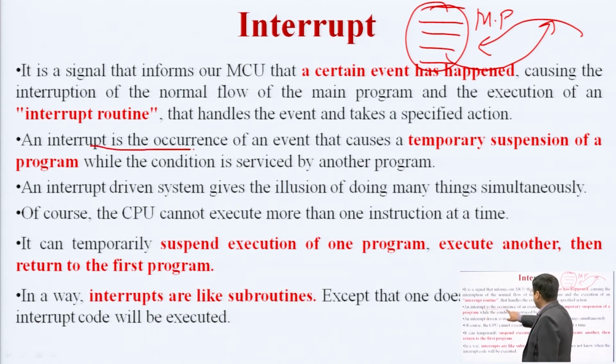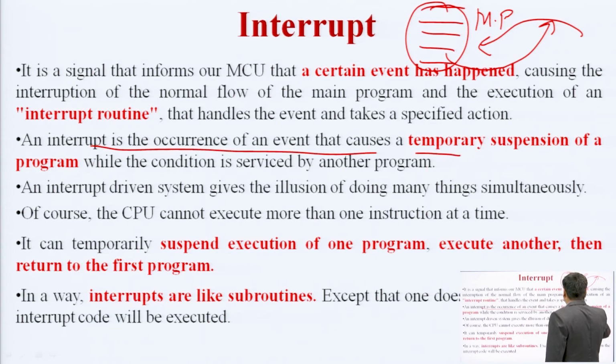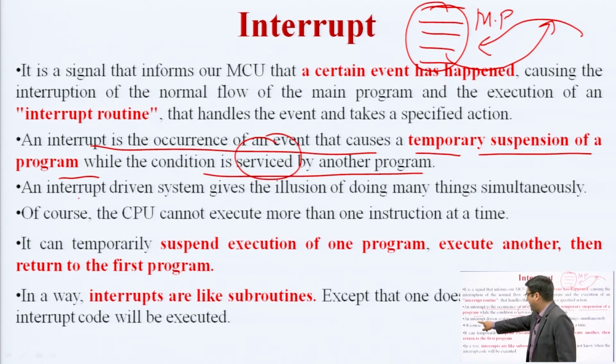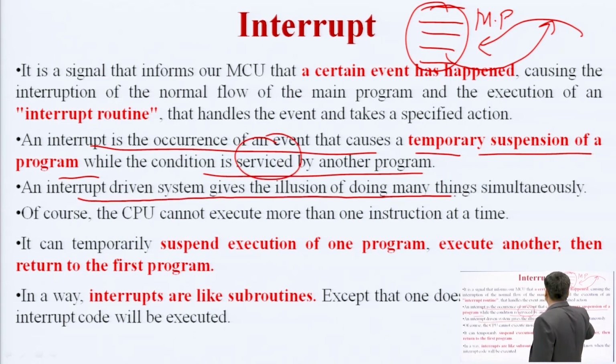An interrupt is the occurrence of an event that causes a temporary suspension of a program. Whatever we are doing in our main program, we will suspend its current execution and go to service the particular interrupt. An interrupt driven system gives the illusion of doing many things simultaneously. At a particular time, more than one interrupt may occur.